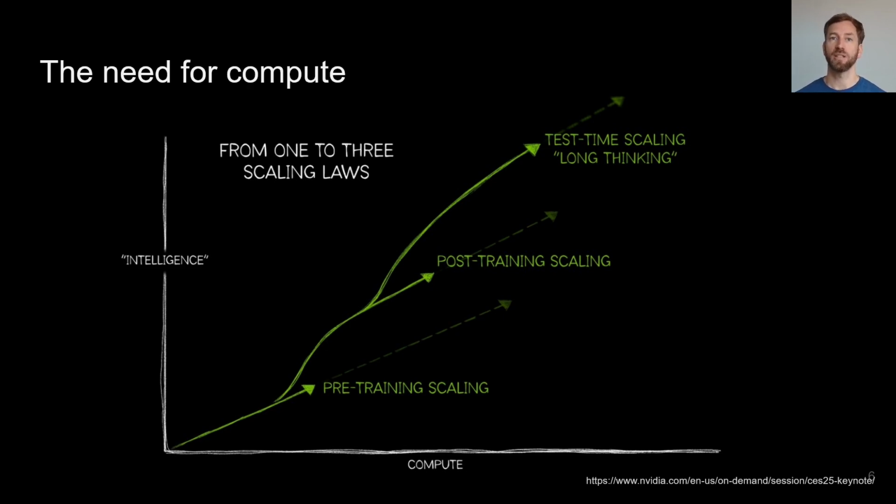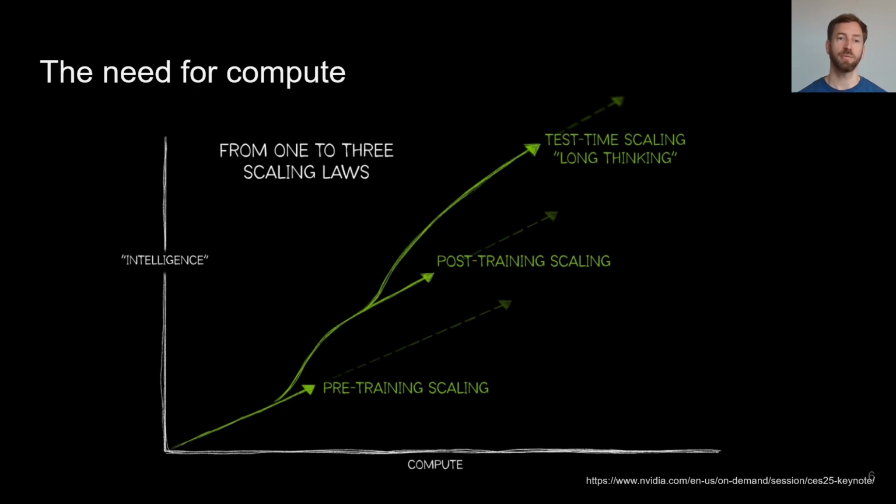Previously, we talked about a scaling law. In fact, it's not only a single, but a combination of 3 scaling laws that are stacking. There's the pre-training scaling. This means we train the foundation models on a lot of data, and we increase the number of training iterations. There's post-training scaling, which means we fine-tune the foundation model to our target domain.